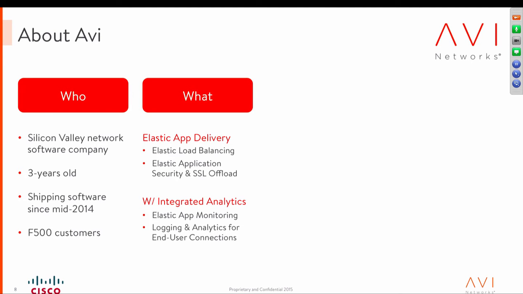Well, for those who don't know, Avi has built an elastic application delivery solution, which means elastic load balancing and application security with SSL offload in a 100% software form factor, combined with integrated analytics, which includes application monitoring and logging and analytics for end user connections. It'll be clearer once we do the demo how the integrated application delivery and analytics set of features that Avi provides.